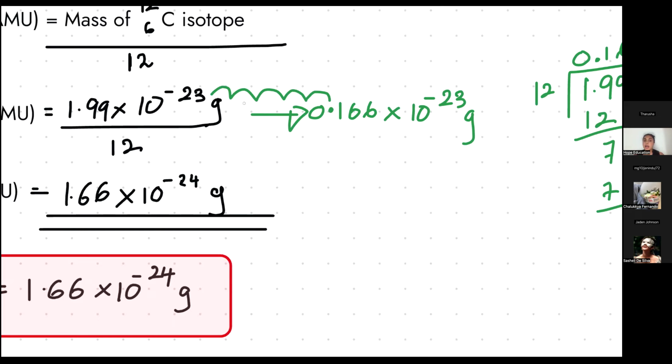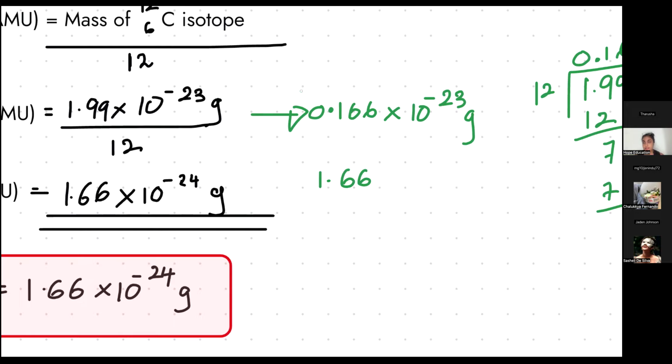Okay. But in normal scientific notation we don't write 0 point. There must always be a non-zero number before the decimal point. So usually we have to write it as 1.66. You can't put 0 at the front of the decimal point in scientific notation.